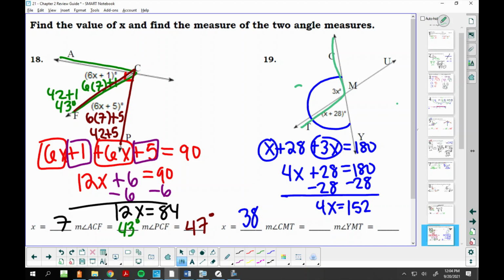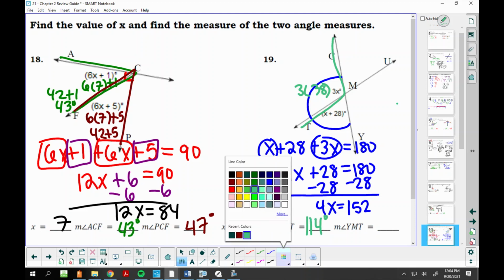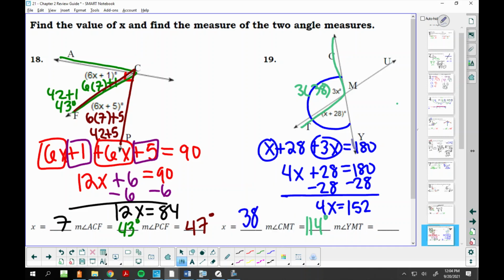So that's 3 times 38, which is 114. And then we want the measure of angle YMT. So 38 plus 28 is 66.